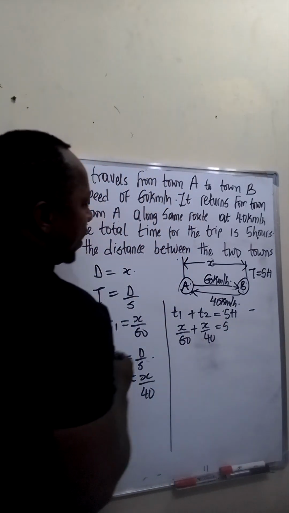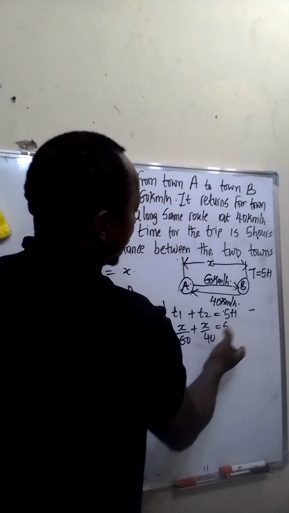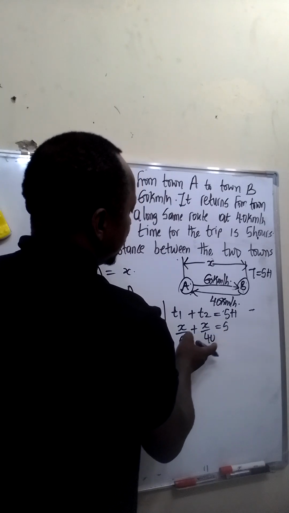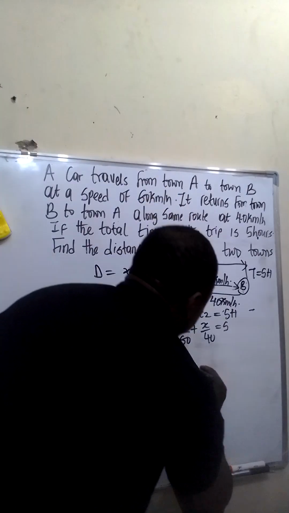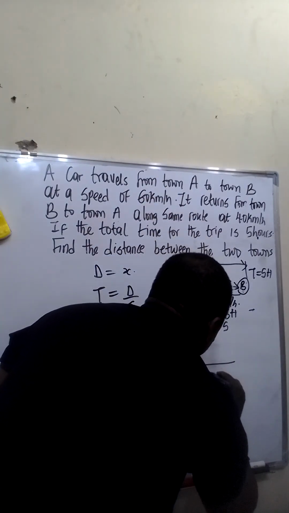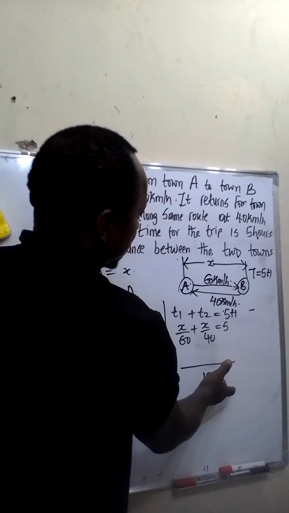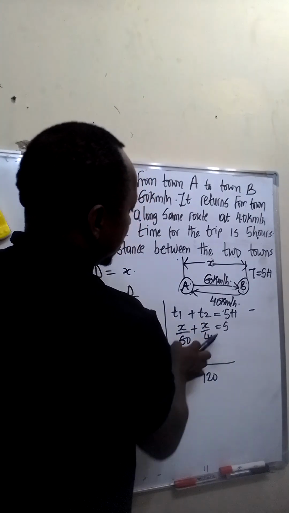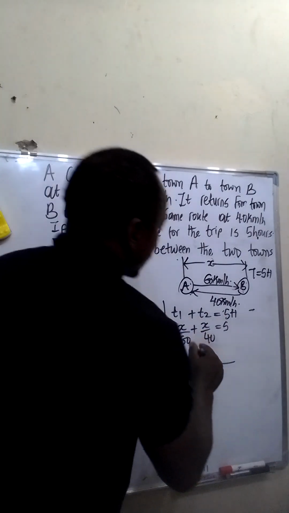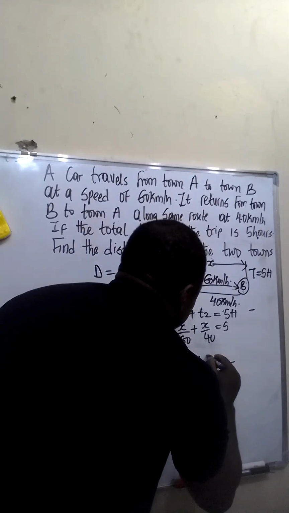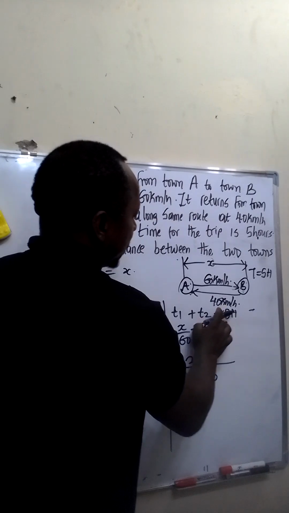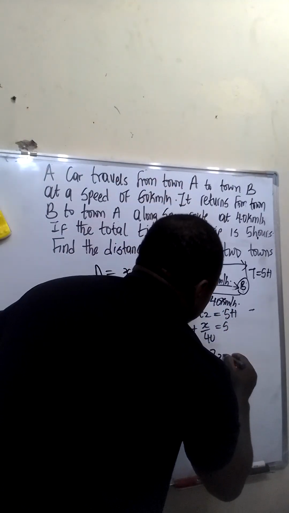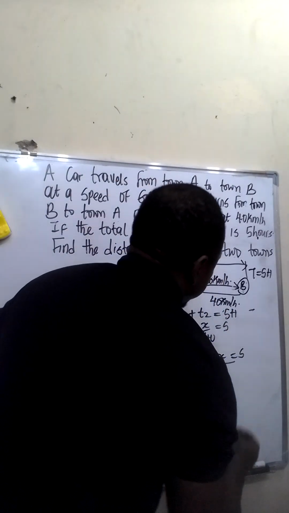Now the next thing we'll be doing is to find the LCM of 60 and 40, and the LCM is 120. 120 divided by 60 is 2. 2 times x is 2x, plus 120 divided by 40 is 3. 3 times x is 3x, equal to 5.